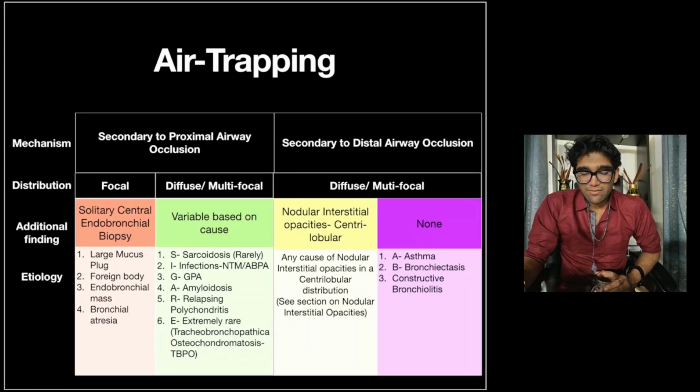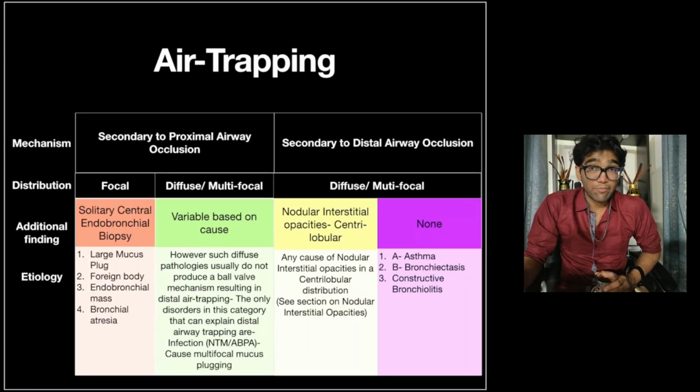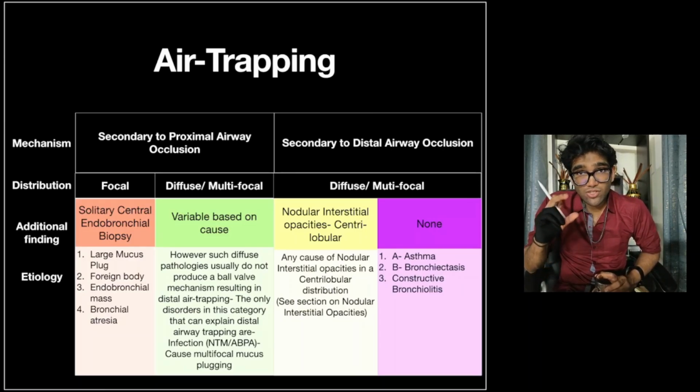Now, however, there is a very important point to be noted here. I have actually created a list that is not really representative, because as you can see, out of CIGAR there is only one entity, infection, that is non-tubercular mycobacteria and/or ABPA, that can produce enough mucus to produce a ball valve mechanism. The others are actually wall thickening, so they will not produce air trapping.